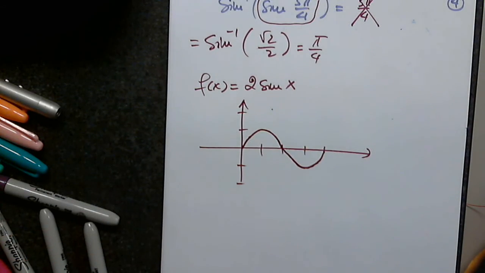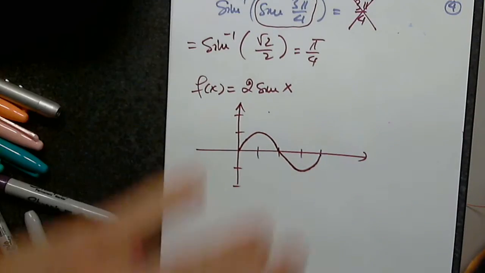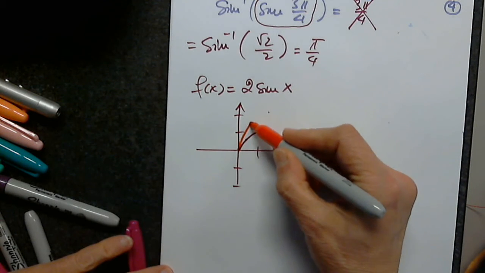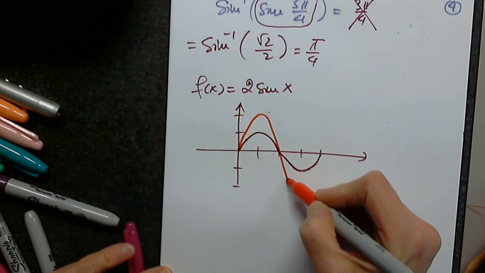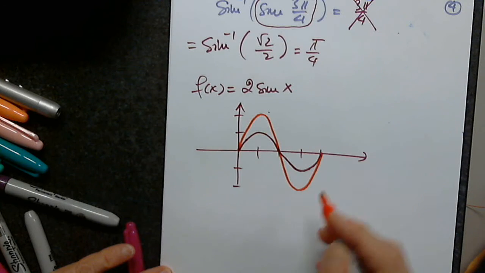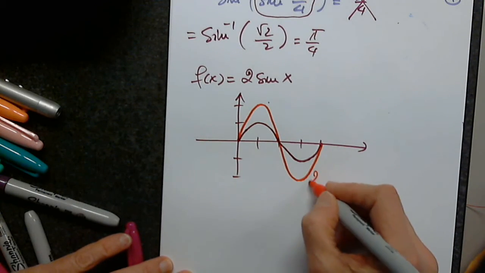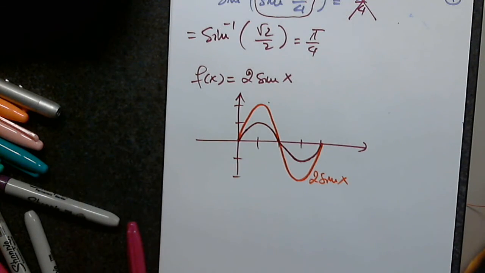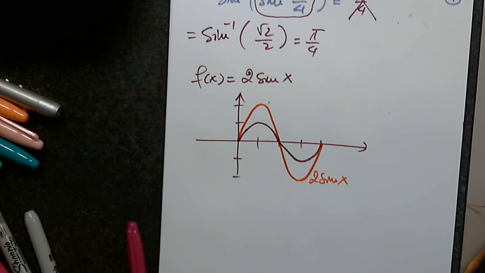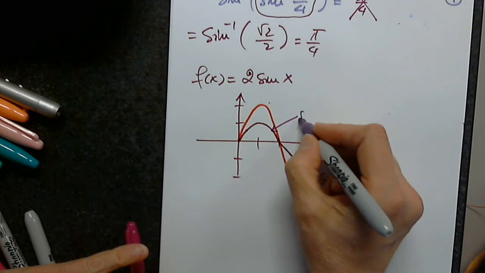And now 2 sine x will be this. This is 2 sine x, and this is sine x.